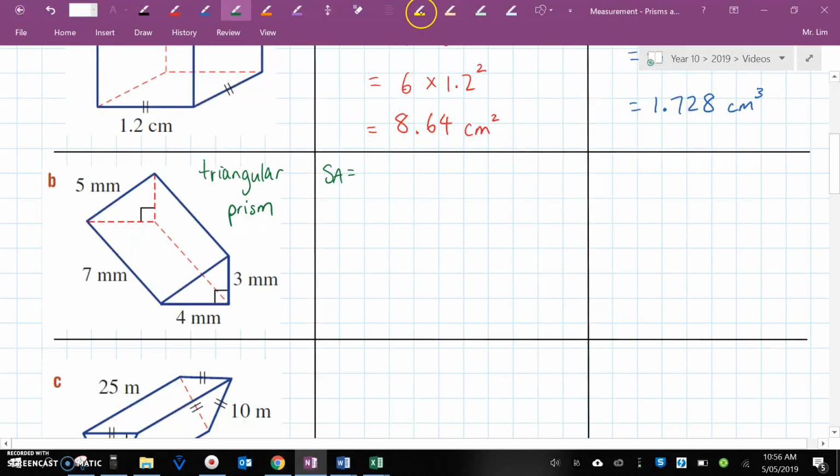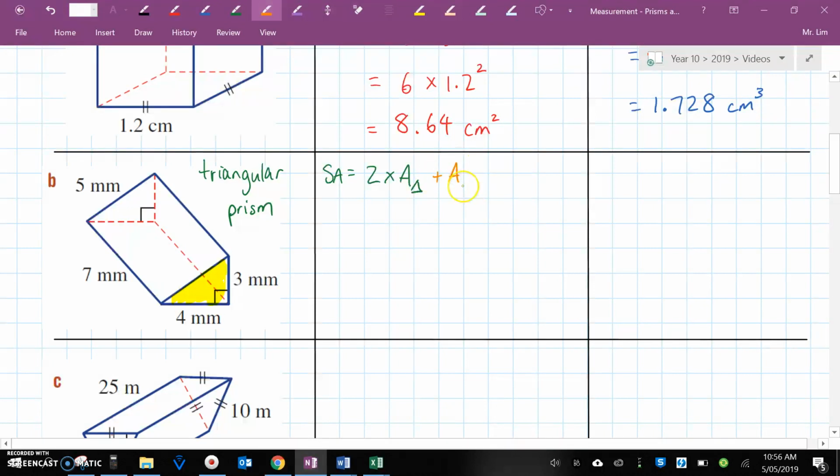We have two triangles that are the same. So we're going to work out 2 times the area of a triangle, because they're the same size. We can just multiply it by 2, plus the area of a rectangle.